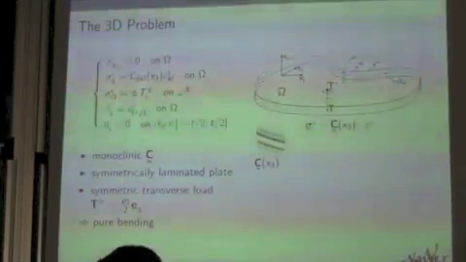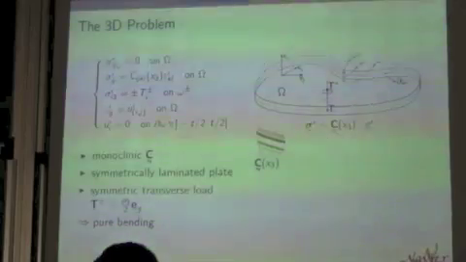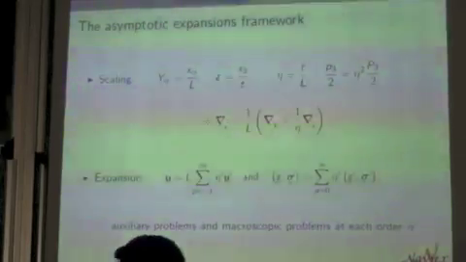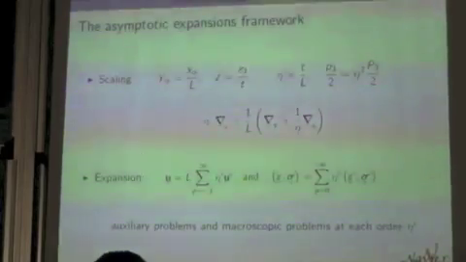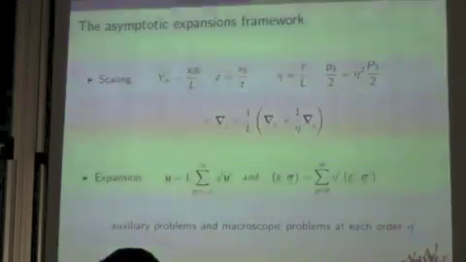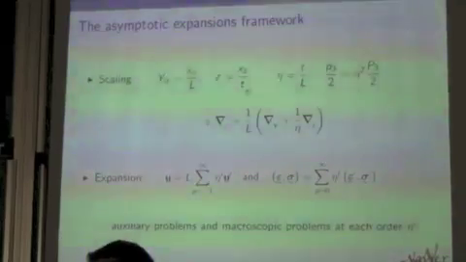So now this is the 3D problem. I want to reduce the dimension, so I will perform an asymptotic expansion. Actually, it's not a multi-scale expansion because the variables are strictly separated. I will first perform a scaling. The in-plane variable is scaled with respect to the span, and the out-of-plane variable is rescaled with respect to the thickness.